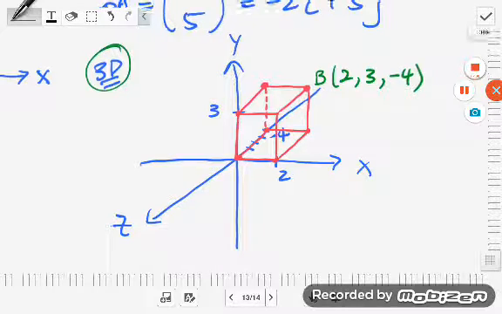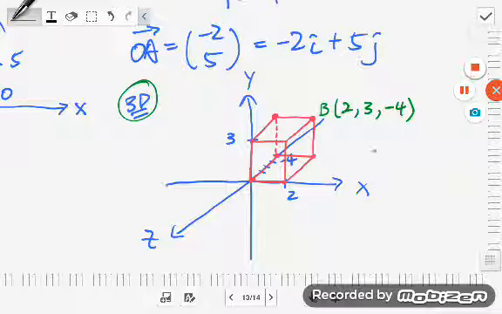However, since we're talking about position vector, what is the position vector of OB? Position vector of OB would be from point O, the origin, to the point B. So we are going to the right, and then we are going up, and then we are going inside, to get from one corner to the opposite corner.